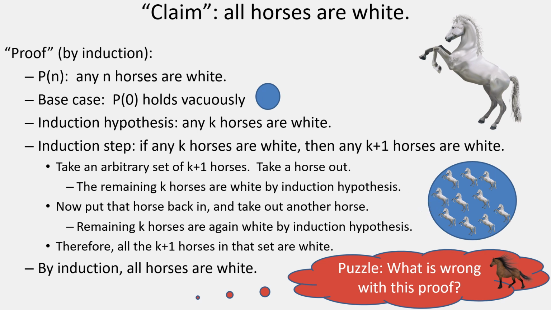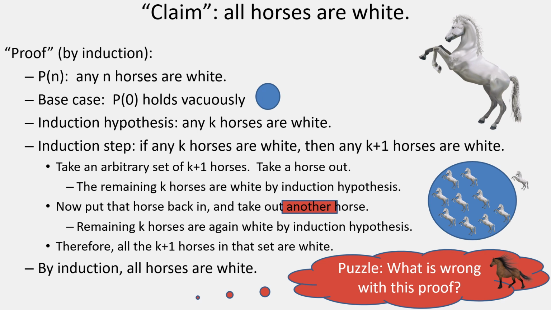Now, the next line says put that horse back in and take out another horse. And this is where the subtlety comes in. Another horse. When we had our base case, there were no horses in the set. Particularly, there was no another horse.